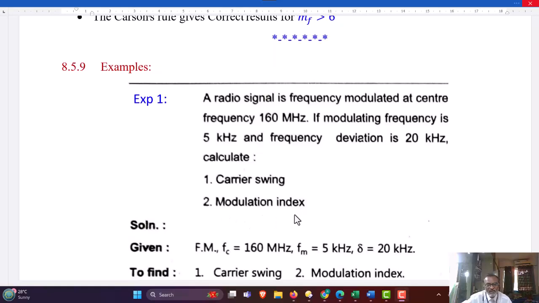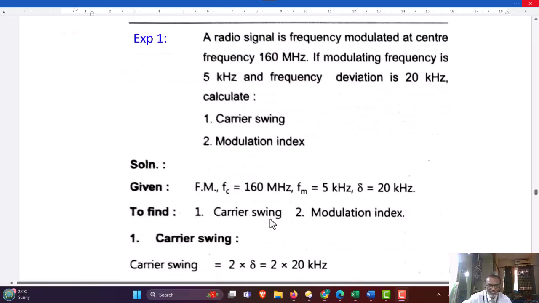We already have the expression derived for both parameters. So let us see what is given. The carrier frequency is 160 megahertz. The modulating frequency is 5 kilohertz. And the frequency deviation, f max minus f minimum, that is fd, is 20 kilohertz.